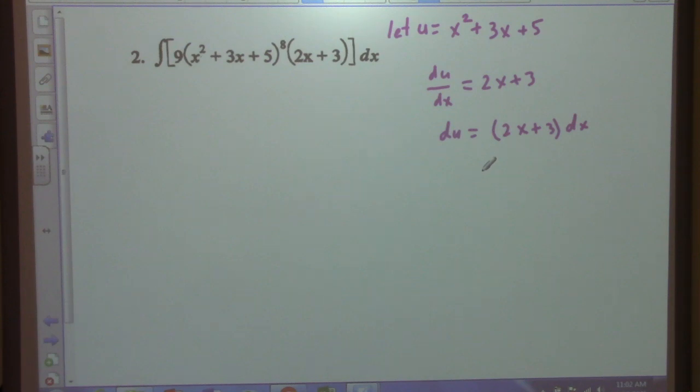What is dx equal to? What do you get when you solve for dx?